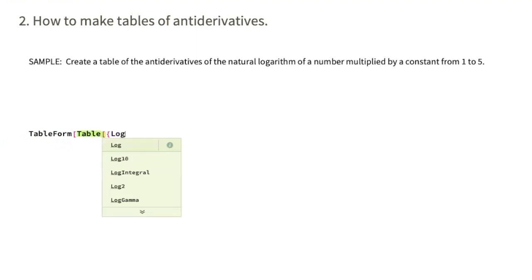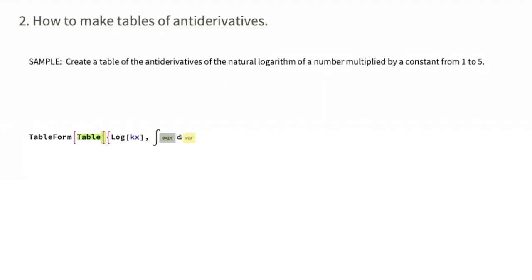The natural log, again in Mathematica, slightly confusingly, is capital Log. I'm going to put in a constant k with an x inside that function. And then in the next column, I am going to use the indefinite integral to show my antiderivative of this function.